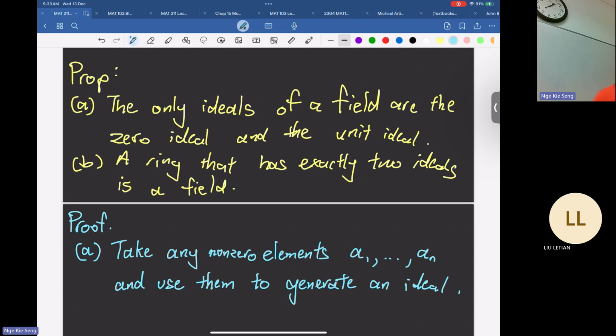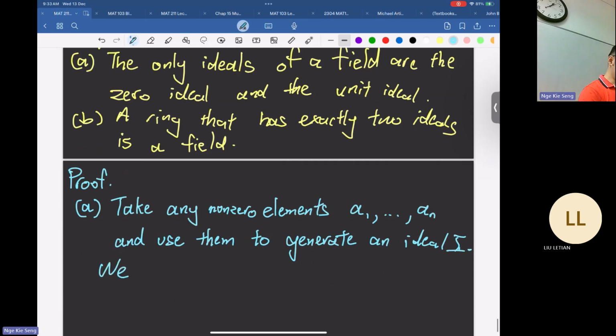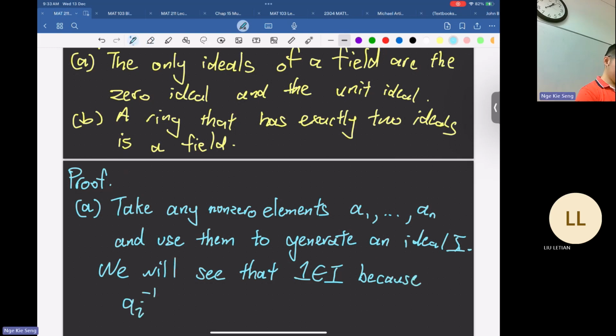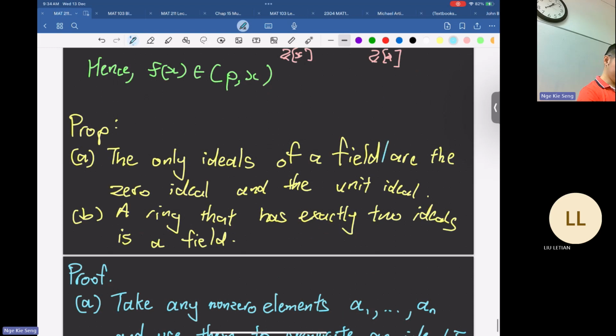So here, for ideal I, we will see that one is in I, because AI inverse times AI equals 1, and AI inverse is in the field. Let's call our field F.